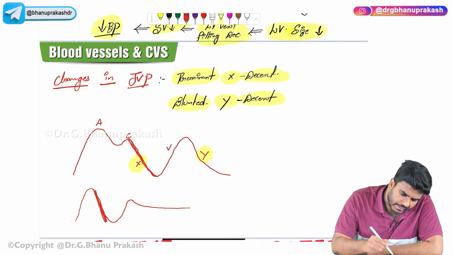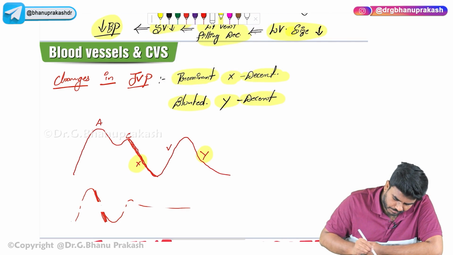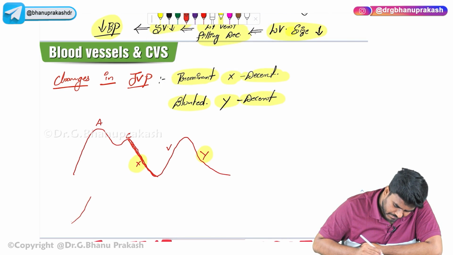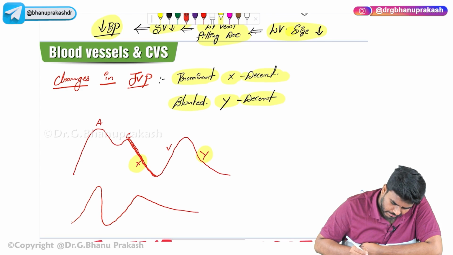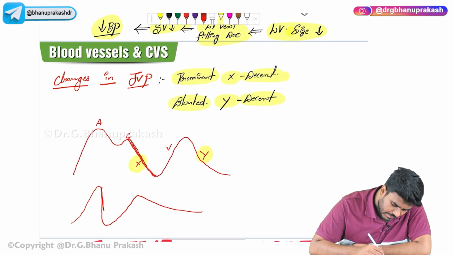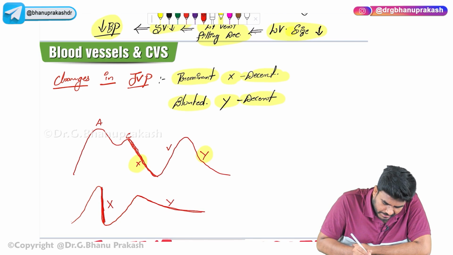Okay, let me draw it in a better view. Now, see, A wave is like this, X wave, V wave and Y wave. See, now the X wave is more steep, more prominent, and the Y wave is blunted.